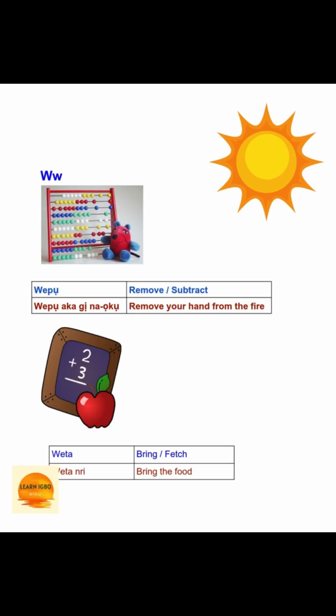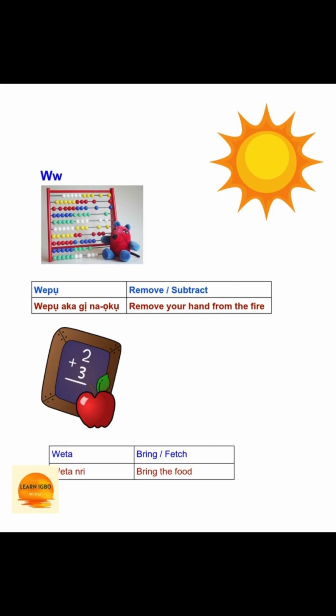Our next letter is the letter W. This is W in the English alphabet. In the Igbo alphabet, this is the letter W. Word example number one, wepụ. Wepụ can mean two things in English.